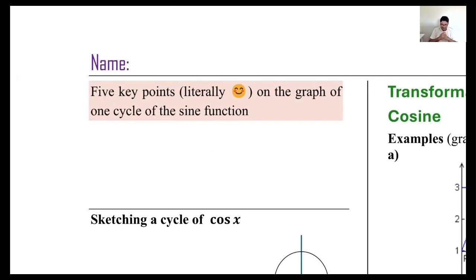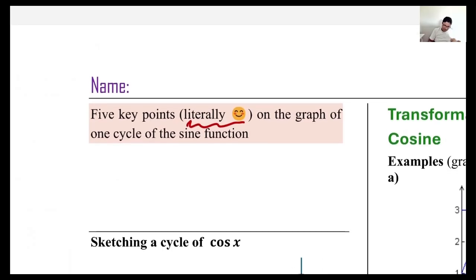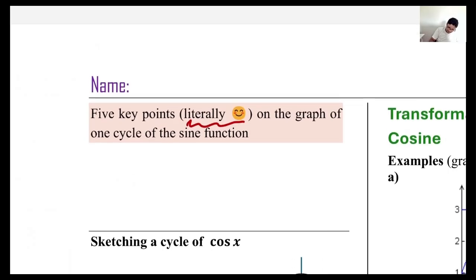And now we'll look at some key points, literally points. Not key points, actual points on the graph of one cycle of a sine function. Let us look at it. Let me quickly sketch it over here again, so the reference will be easy.